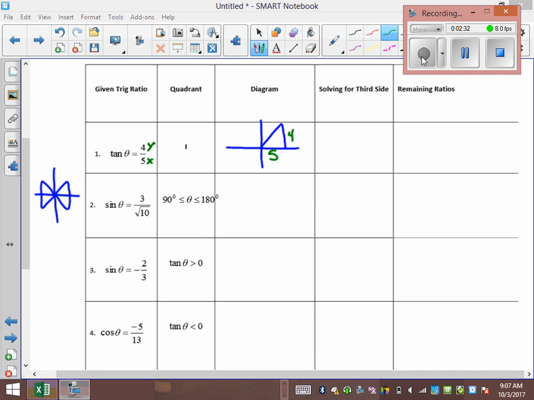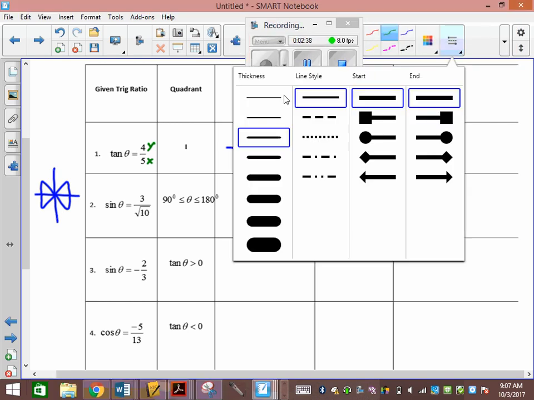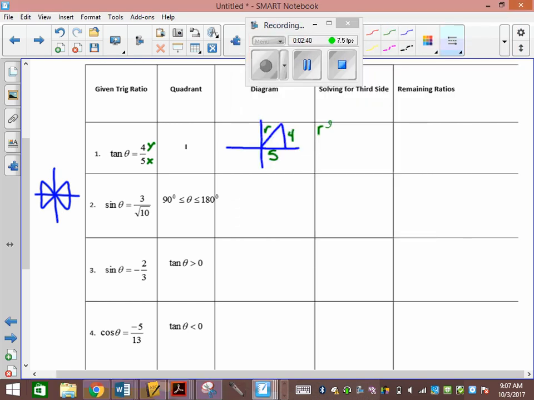We need to find r again. So r squared equals 5 squared plus 4 squared. R squared equals 25 plus 16.